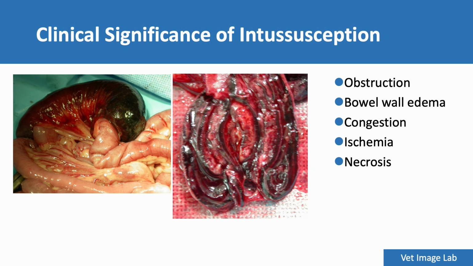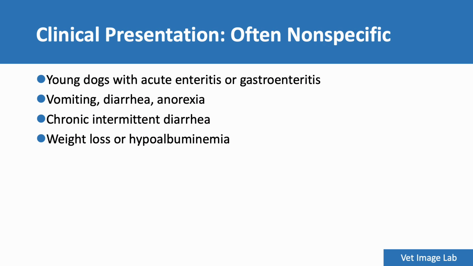Clinically, intussusception is important because it can cause intestinal obstruction, bowel wall edema, venous congestion, ischemia, and eventually necrosis. Intestinal intussusception is commonly reported in young animals, especially when they have acute enteritis or gastroenteritis.